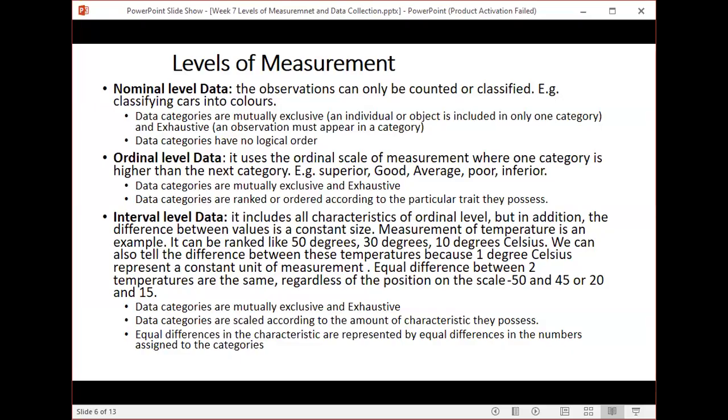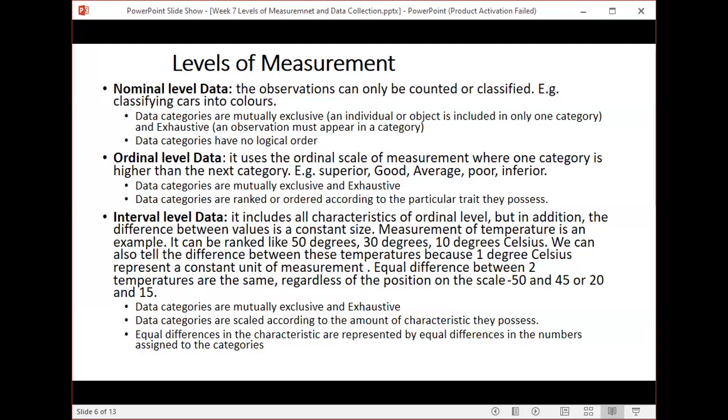Any car that comes, either it's red, black, blue, green, or yellow. So what I'm doing is just nominal level data. I'm counting the cars as they come and classifying them into colors, putting them into categories.